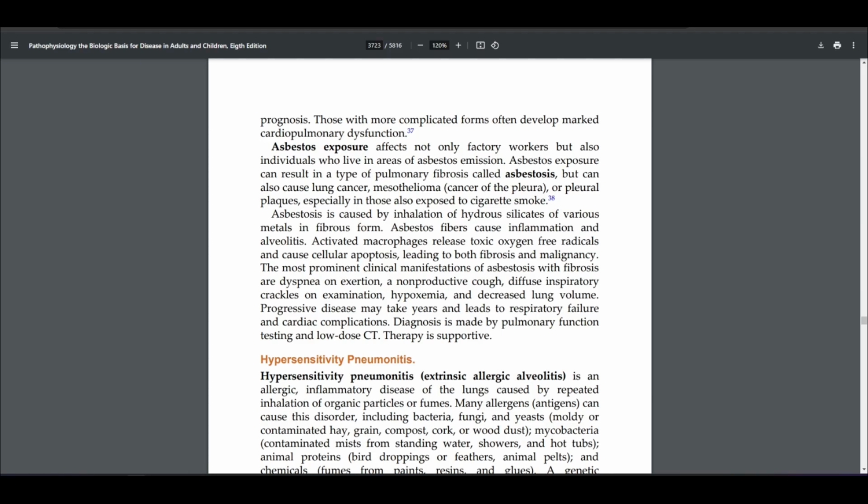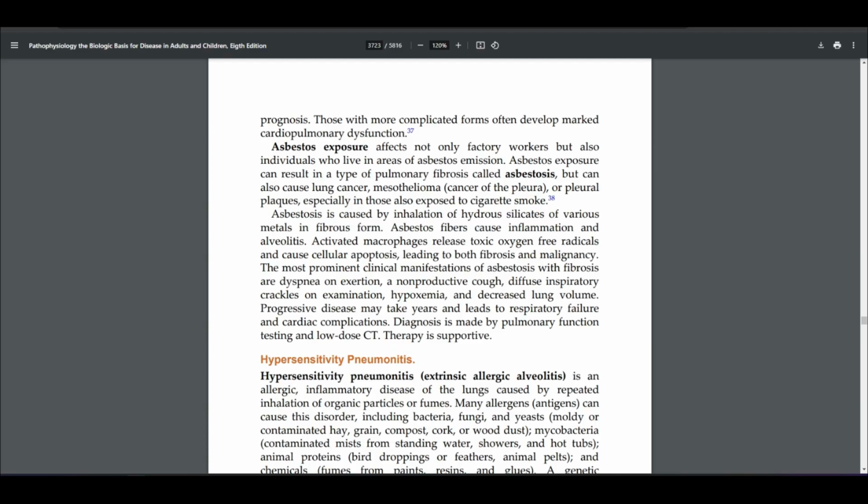Asbestos exposure affects not only factory workers, but also individuals who live in areas of asbestos emission. Asbestos exposure can result in a type of pulmonary fibrosis called asbestosis, but can also cause lung cancer, mesothelioma, or pleural plaques, especially in those also exposed to cigarette smoking.